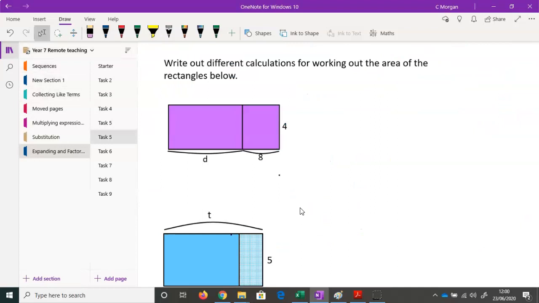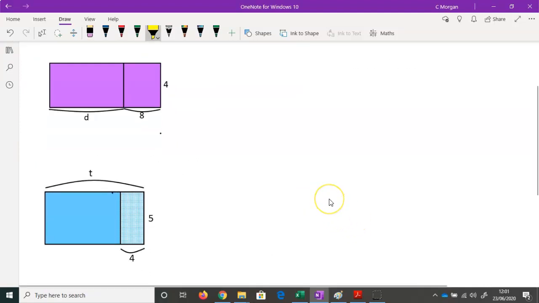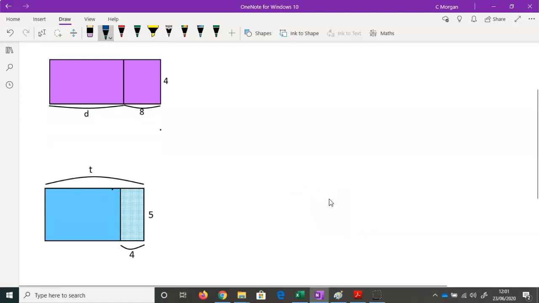Could you write down calculations for working out the area of these rectangles below? Let's have a look at the first one. We've got some algebra going on here, not just numbers.